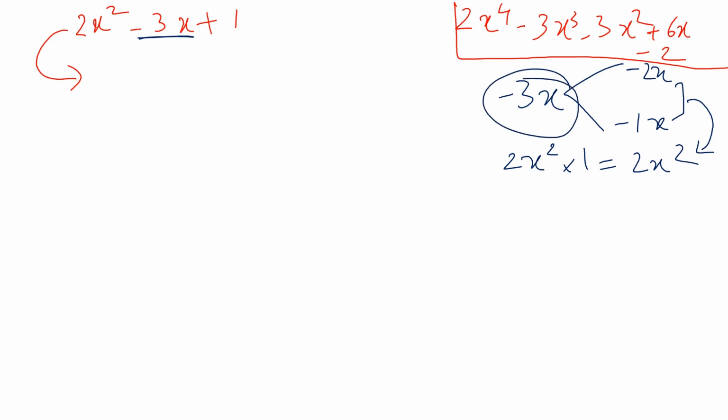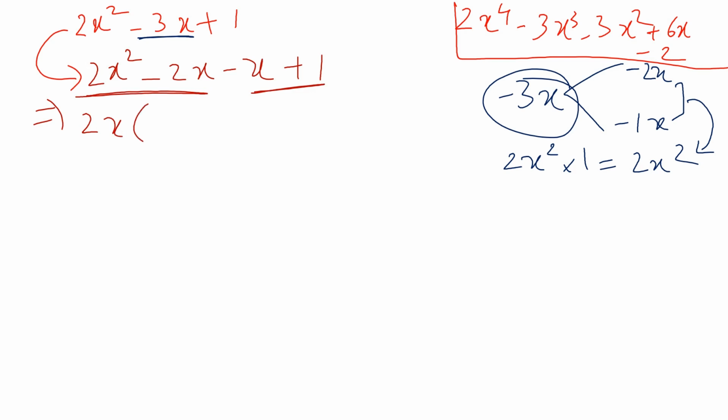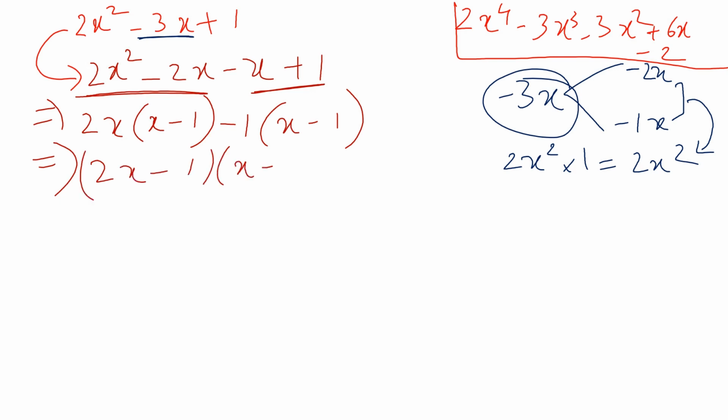So now we will write this as 2x^2 minus 2x minus x plus 1. Again, if we take 2x common in these two terms and minus 1 common in these two terms, we will get 2x multiplied by x minus 1, minus 1 into x minus 1. So we get 2x minus 1 into x minus 1.